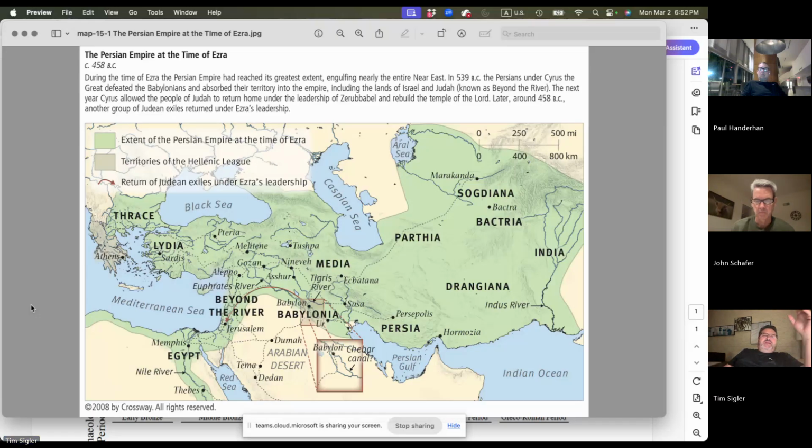For Cyrus, now the king of Persia, his biggest threat related to the region that had been Israel was Egypt. Egypt that had been a continual culture for 3,000 years.